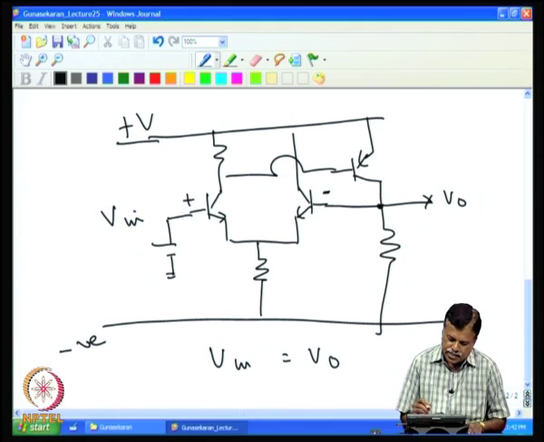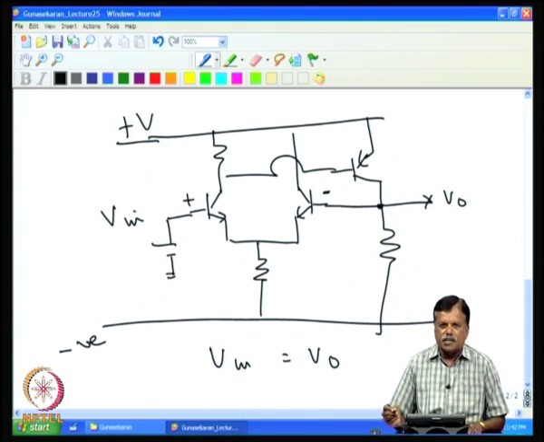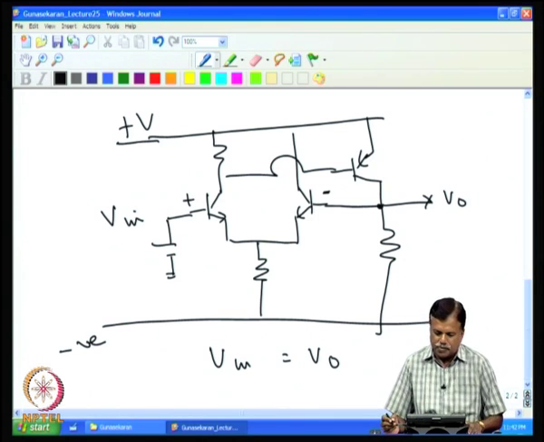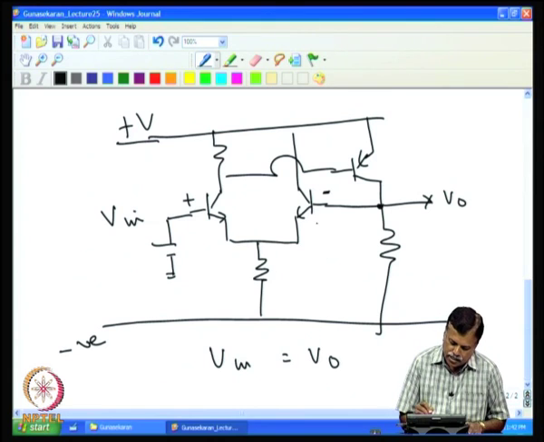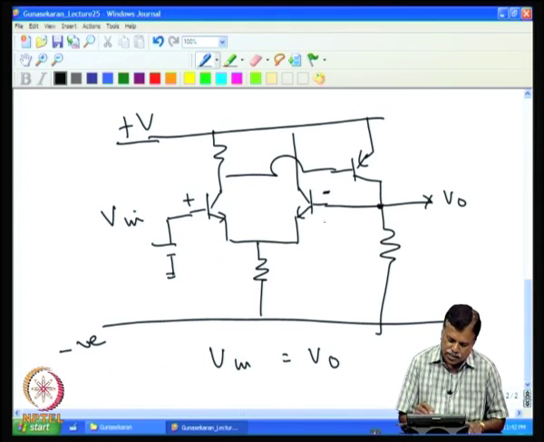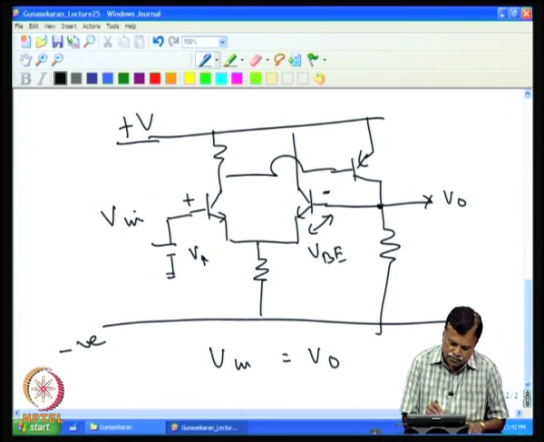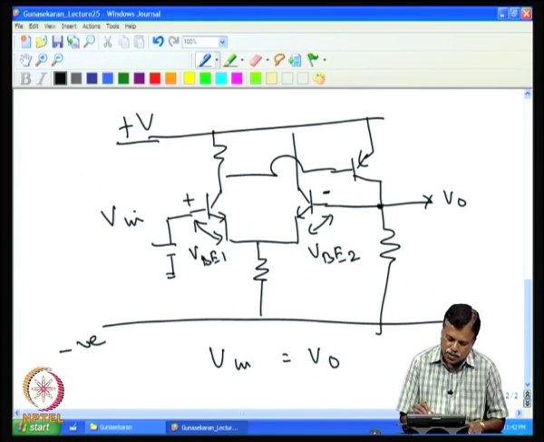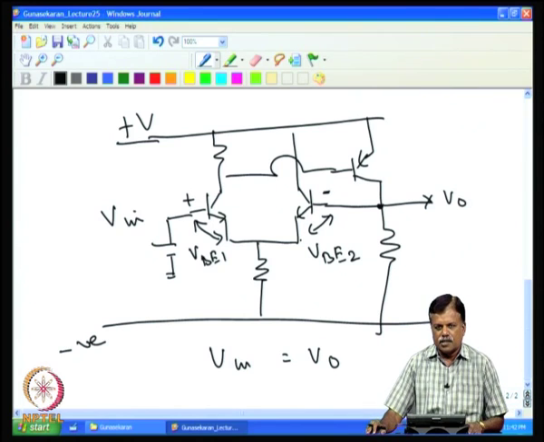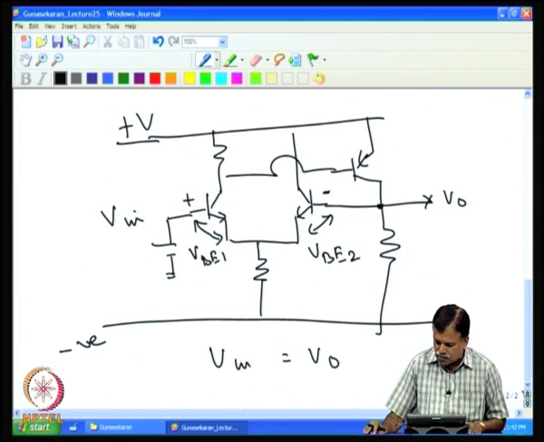Now, in this case, the operational amplifier was working with the assumption that the base emitter voltage here and the base emitter voltage here, VBE1 and VBE2, are the same, and with temperature they are always tracking equally.